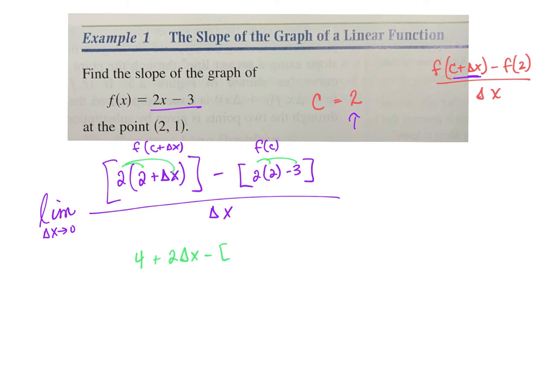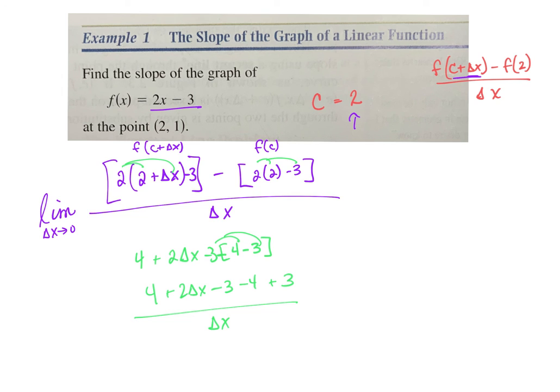It helps to write the rest of my equation there. There we go. All right, so I have 4 minus 3, and then I have minus 4, and if I distribute this through, I'll have 4 plus 2 delta x minus 3 minus 4 plus 3, all over delta x.